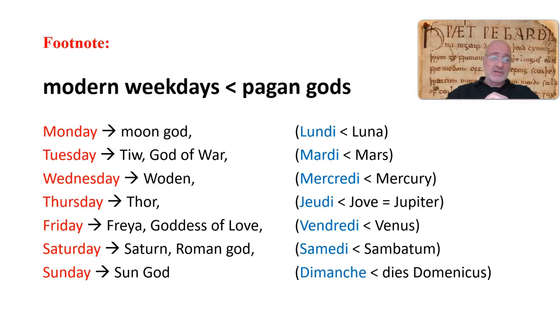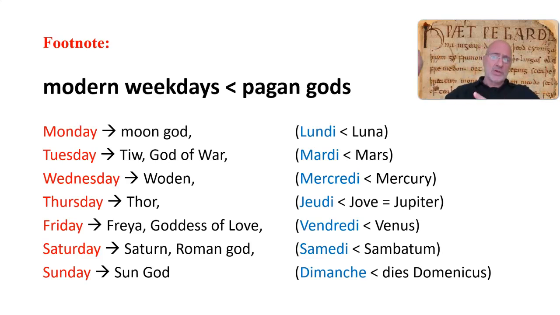Thursday, very intriguing. Thor is the one who sends you thunder. Thor, Thursday. Jeudi in French is Jove, Jupiter, the thunder god as well. Friday, Freya, the goddess of love in Germanic culture, and Vendredi refers to Venus.